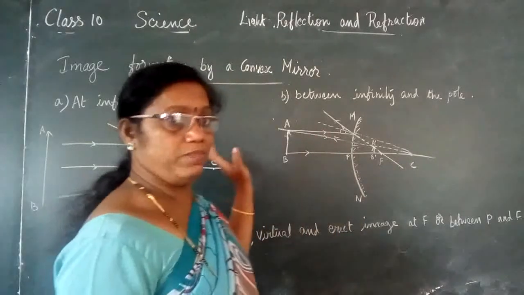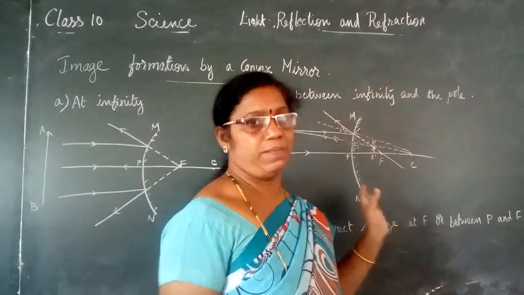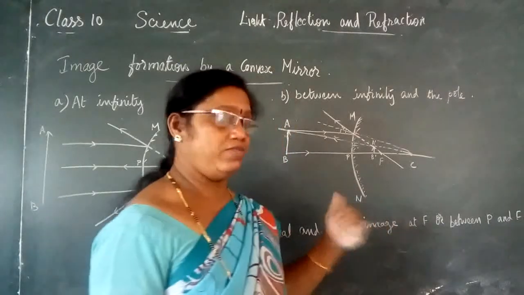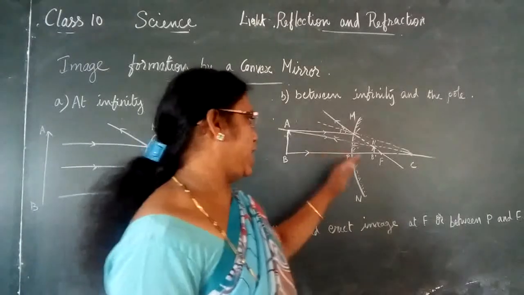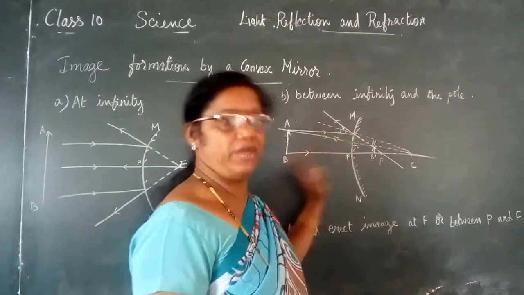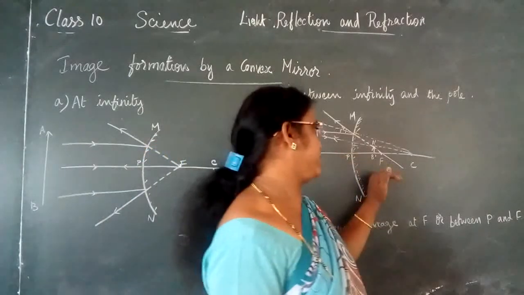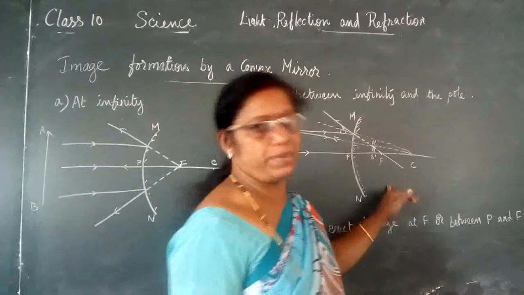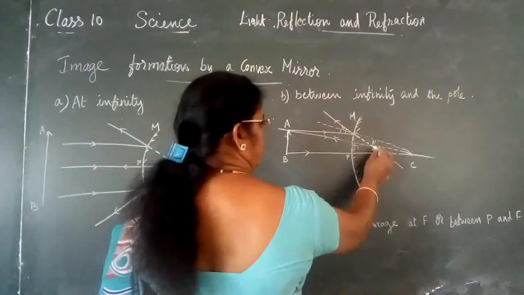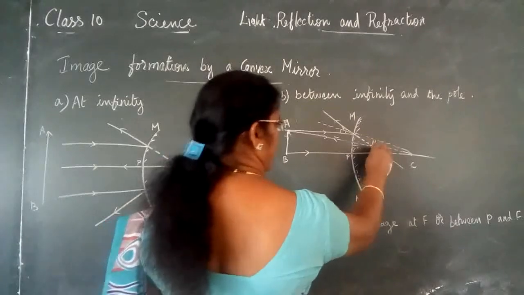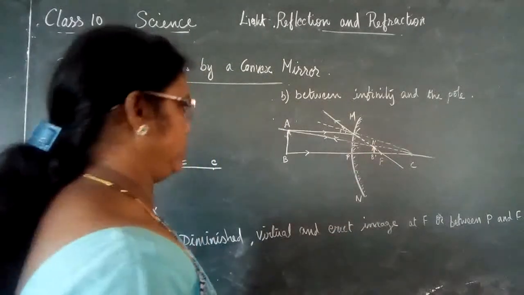If the object is kept at infinity, the image will be at the principal focus, and if the object is between infinity and the pole, wherever the object distance, the image will be between the pole and the principal focus. And what type of image will you get? You will get a diminished, erect, virtual image.